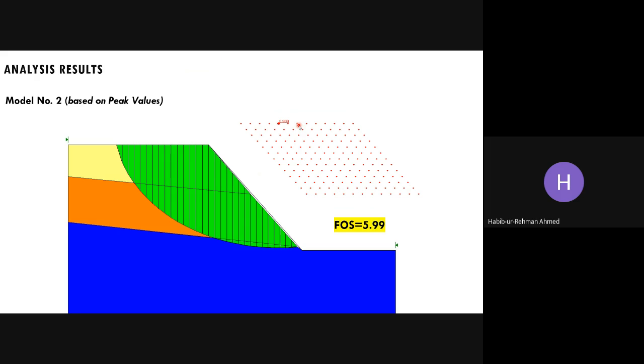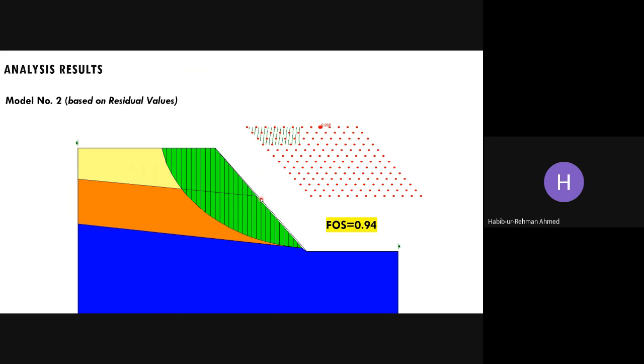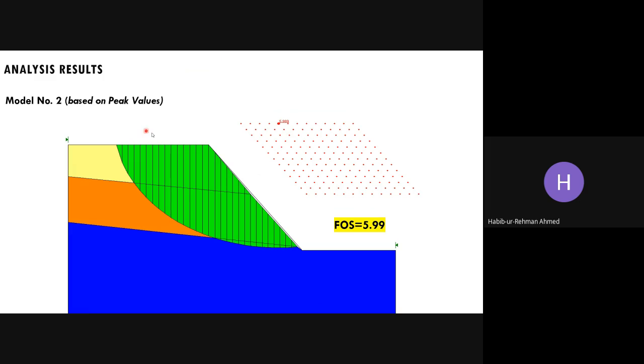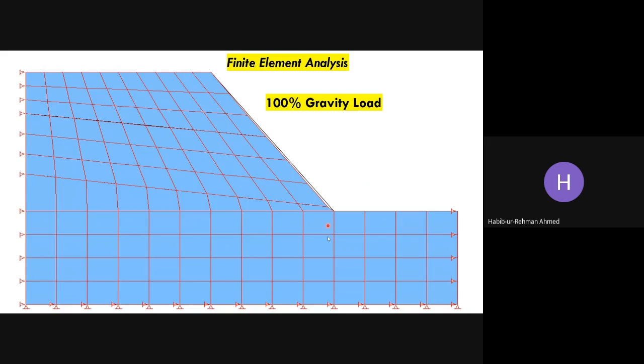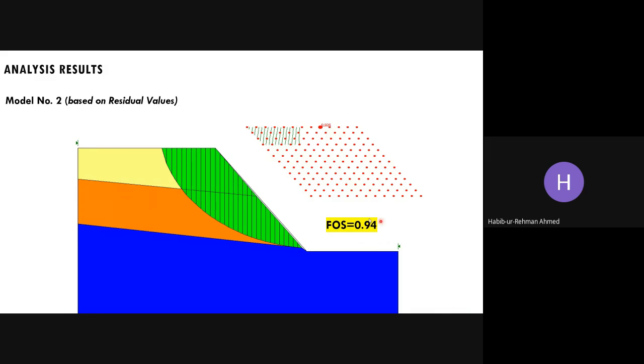For model number 2, as I mentioned to you, I use strain softening. When I say strain softening, there is a strain hardening, so there are peak values and then there are residual values. When I used peak values, the factor of safety was 5.99, and when I used residual values, again the factor of safety was lesser than 1.